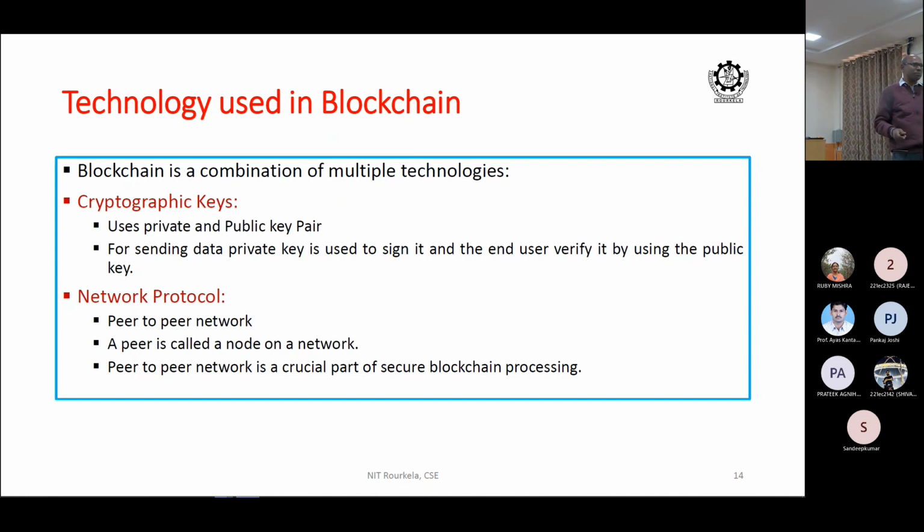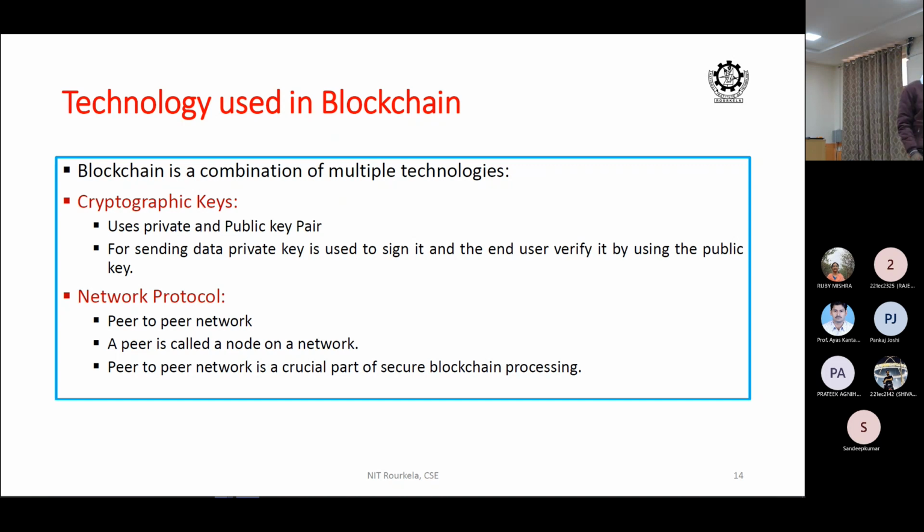Unless he is a part of the system, he cannot access it, because the public key is not available to the intruder. Now, if the intruder gets the public key, probably he can manipulate. So for sending the data the private key is used, and for verifying it the public key is used. So it uses cryptographic keys.